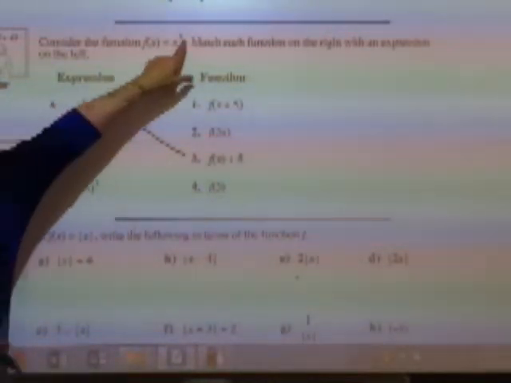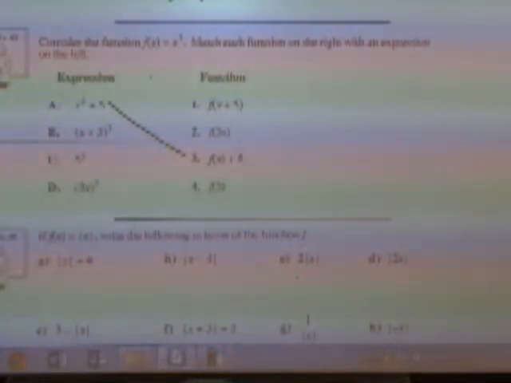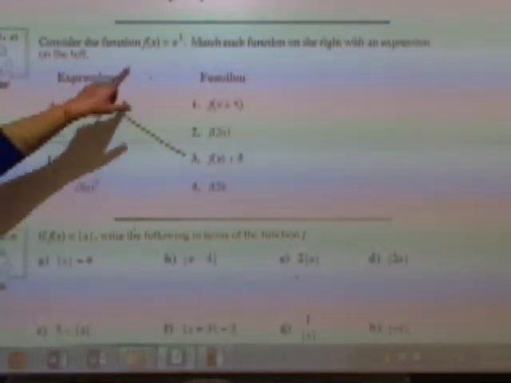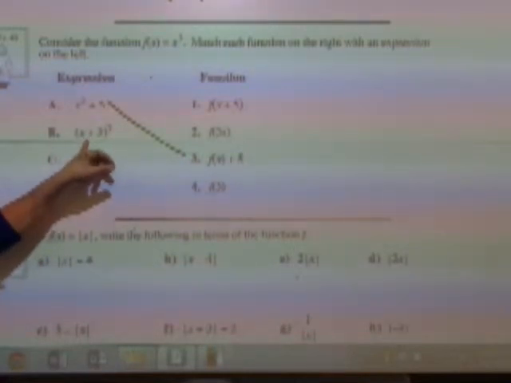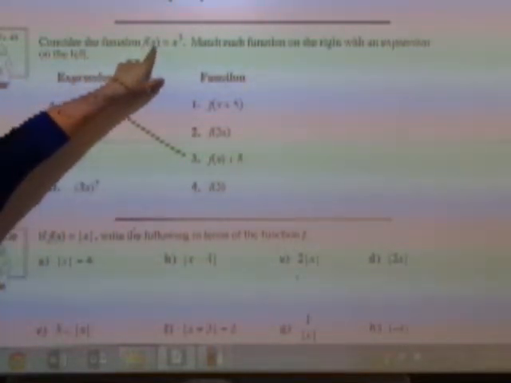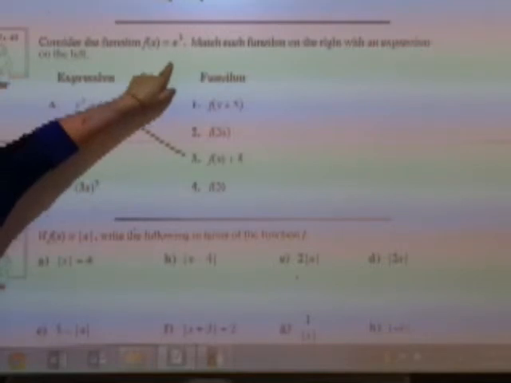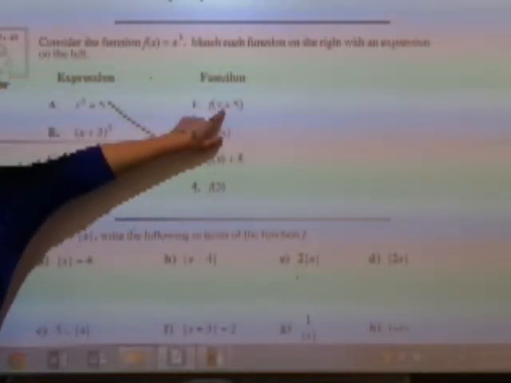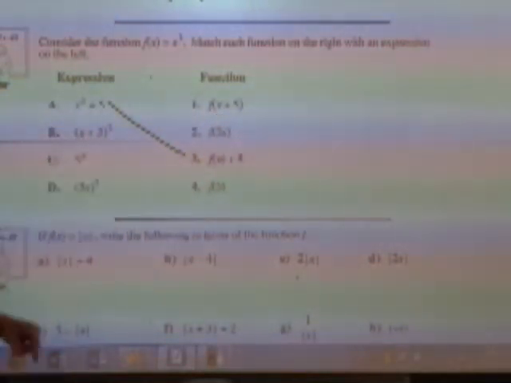What did I do to go from x cubed to x plus 5 cubed? I changed the x to an x plus 5. That's number 1.